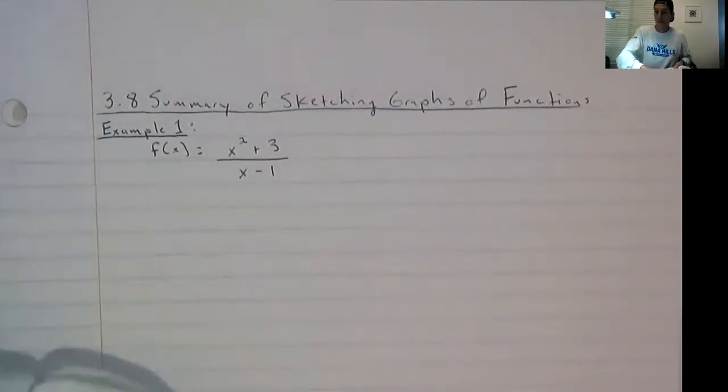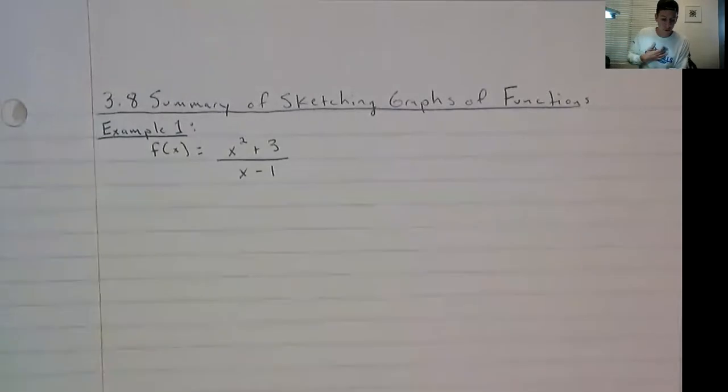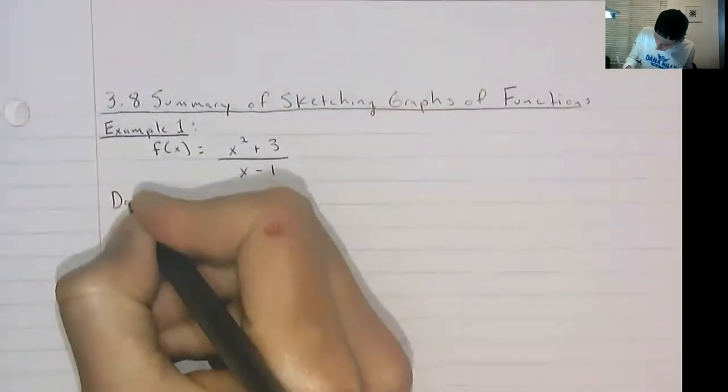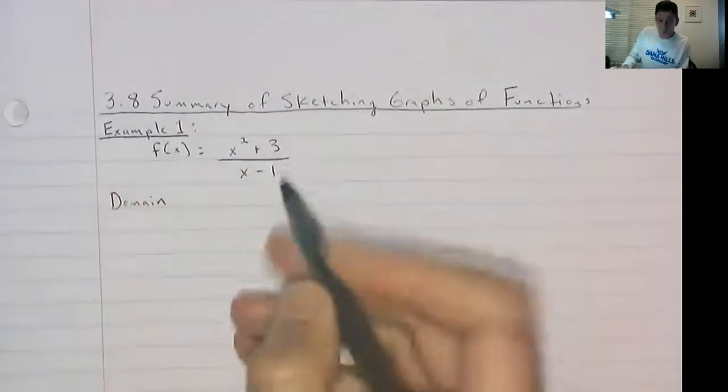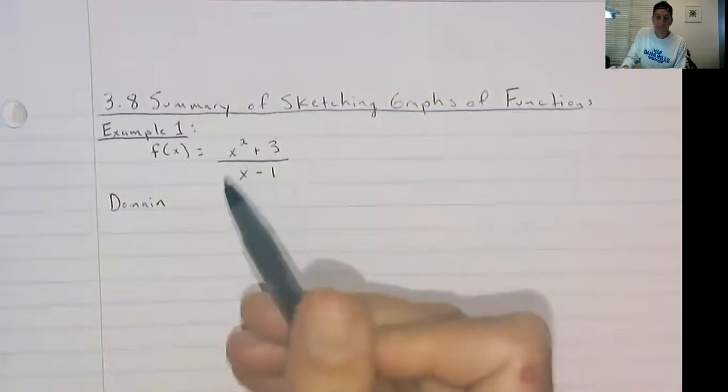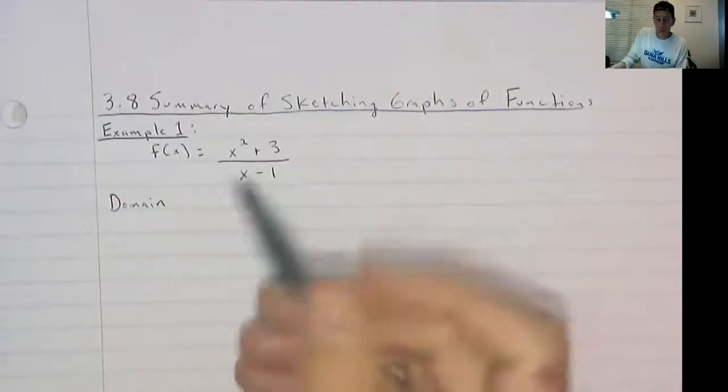Well, it's not a polynomial, it's a rational function, so we can't just say all reals, but it's pretty close. We can see there's a trouble spot at 1. Other than that, seems like we can plug anything in here and we're going to be okay.